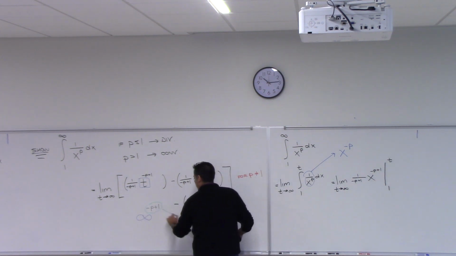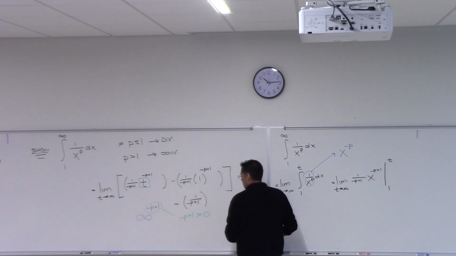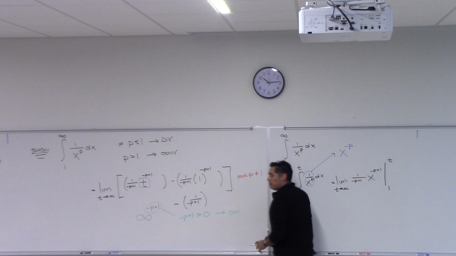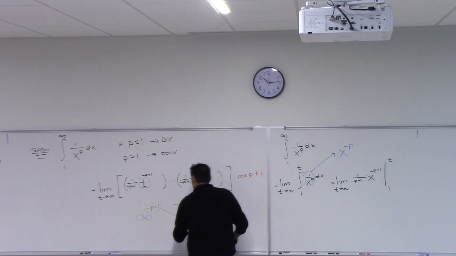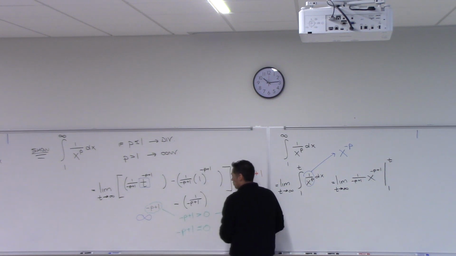If negative p plus 1 is positive, what's going to happen? It's going to grow to infinity, right? This thing's going to become infinite. But what if negative p plus 1 is less than 0?